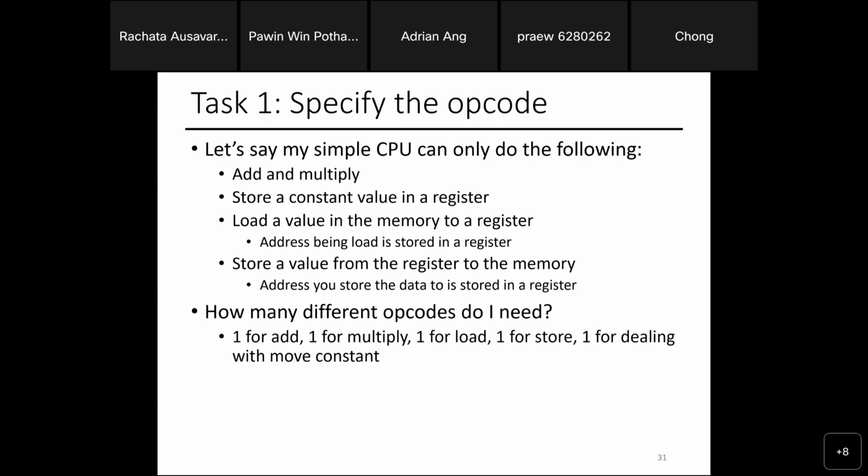I can say if my opcode is 000, that's an add. 001, that's a multiply. 010 is a load. 011 is a store. 100 is a store immediate, store constant to the memory. Whenever I use the word immediate in computer engineering, it means constant value.